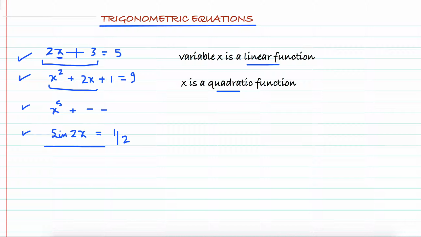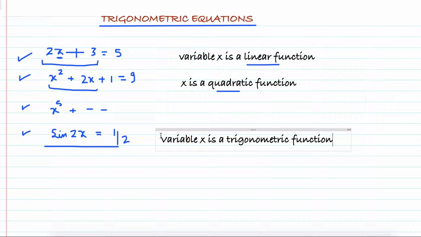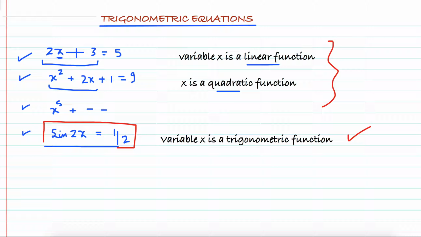In this last one, the variable x is a trigonometric function. So in this lecture we are going to study this part. These are separate topics. Today we will study those equations where, here also we need to find x, x is part of a trigonometric function.